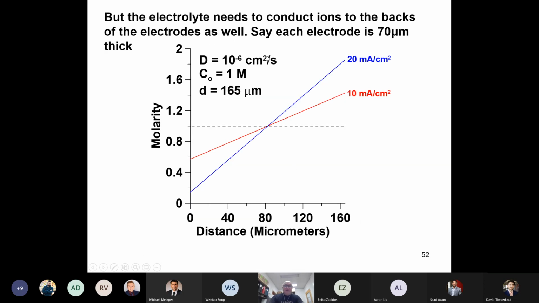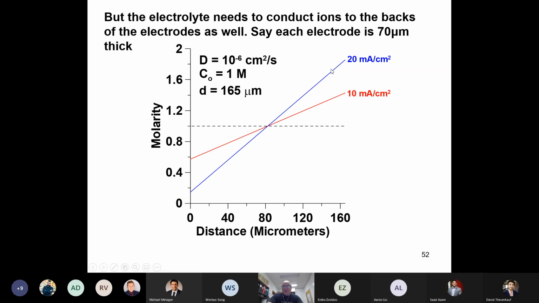But the electrolyte has to conduct the ions to the backs of the electrodes as well. And that's just neglecting the fact that the electrodes aren't 100% porous, because the small porosity makes this far worse. But say that each electrode is 70 microns thick. Then you've got to go 140 for the two electrodes and 25 for the separator being considered here.